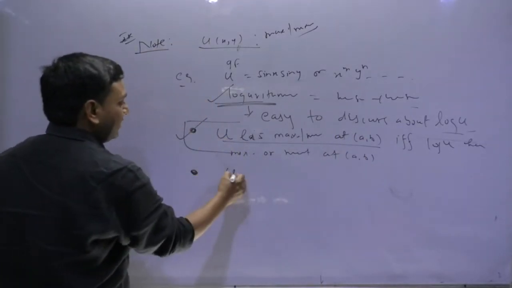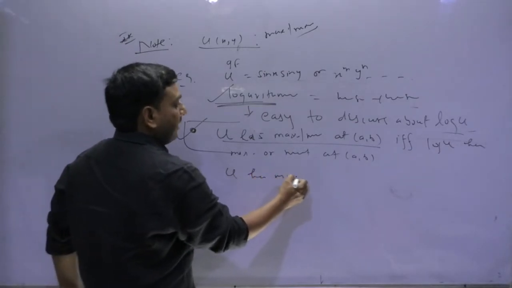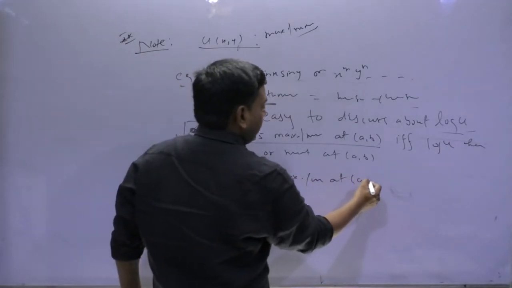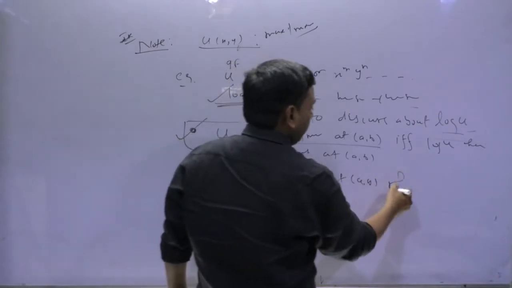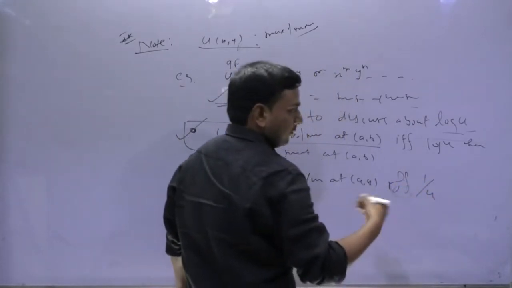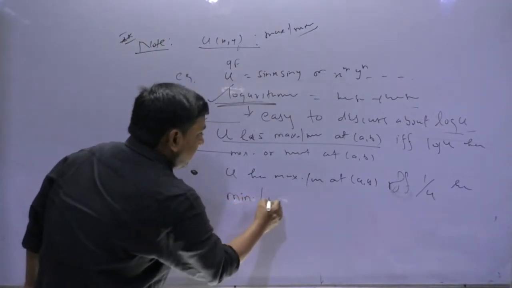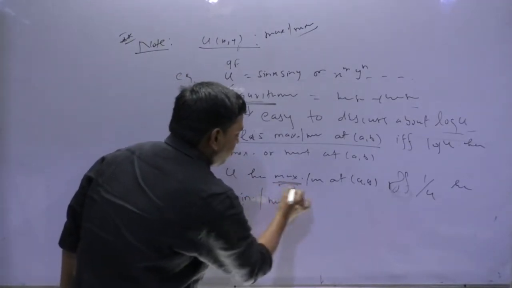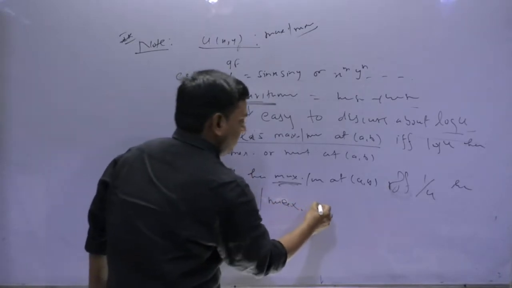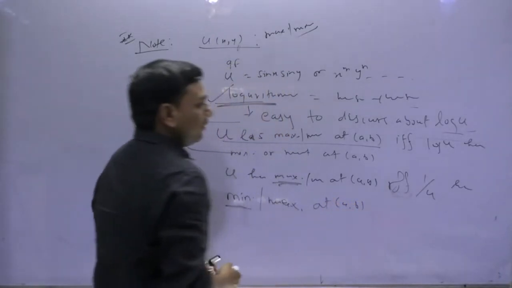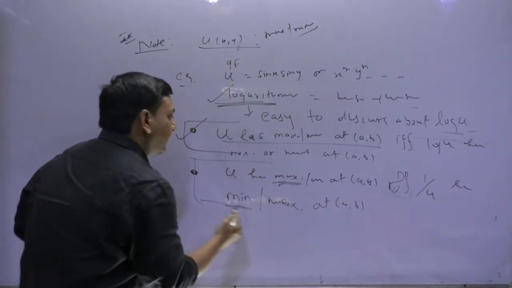The next is: u has maxima or minima at (a, b) if 1 upon u, if 1 upon u is defined, has minima or maxima. Please notice the reverse at (a, b). So this is the second point.